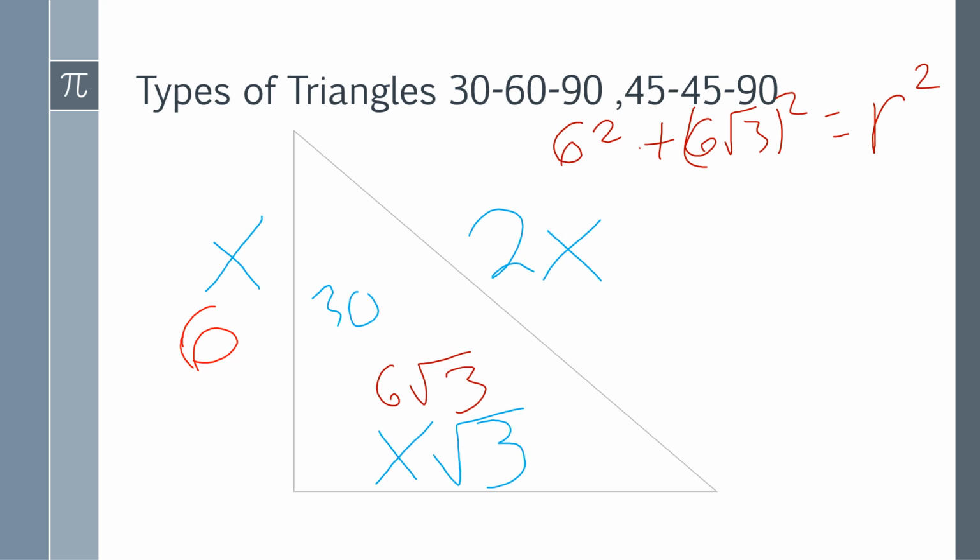So we know that 6 squared is 36. But remember, when you got a square root, what's the reciprocal or inverse of the square root?